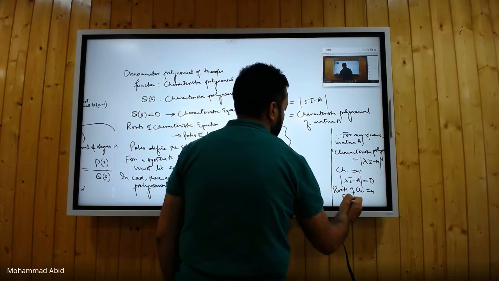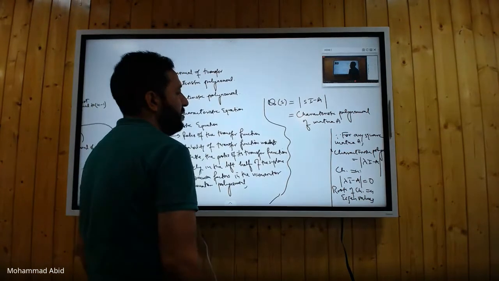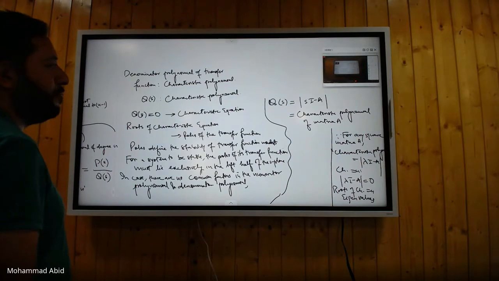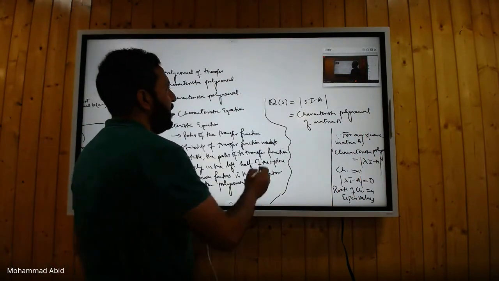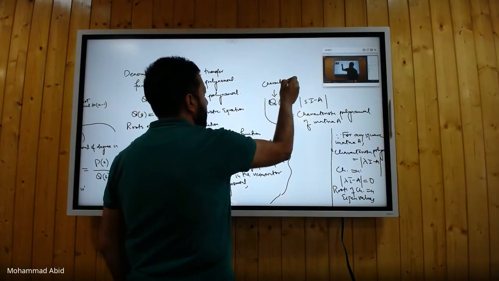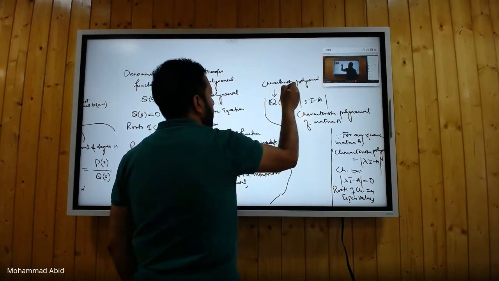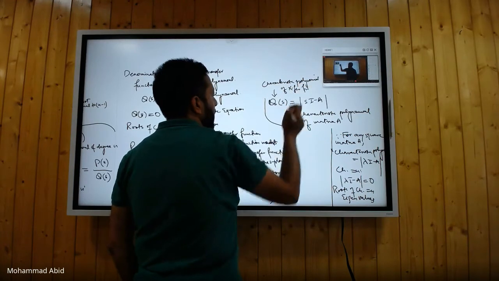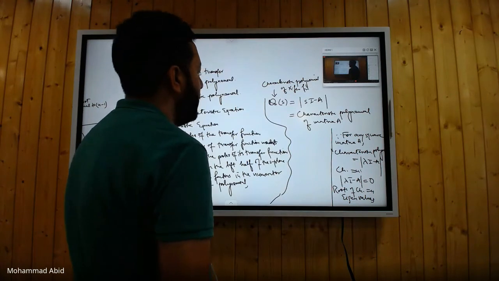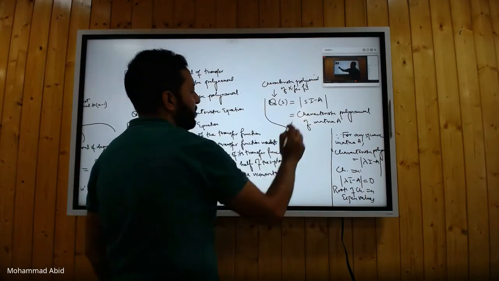So for a system in which there are no pole zero cancellations, the characteristic polynomial of the transfer function is the same as the characteristic polynomial of matrix A. That means the characteristic equation of the transfer function is the same as the characteristic equation of matrix A.